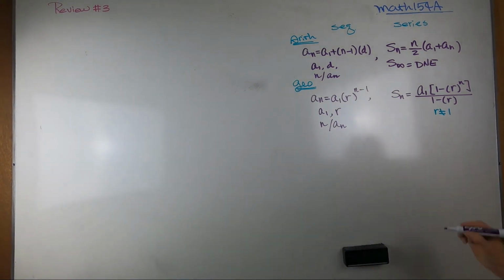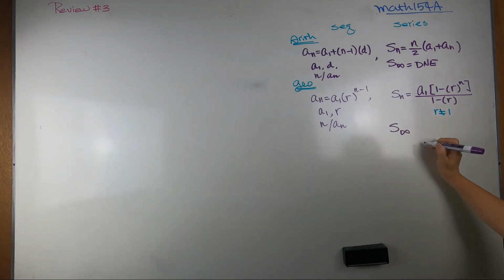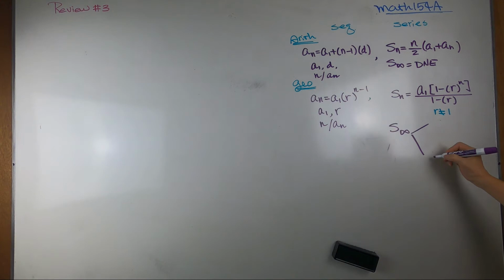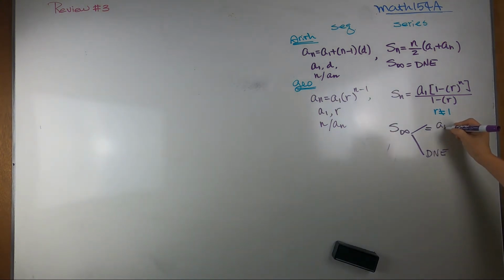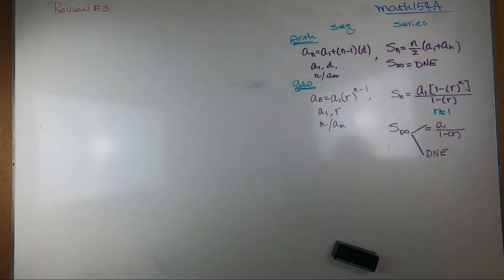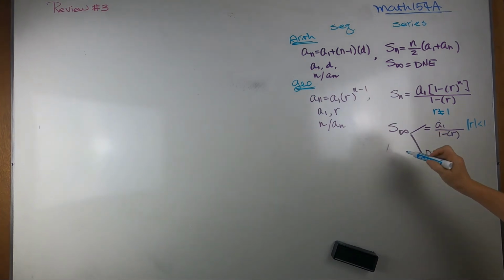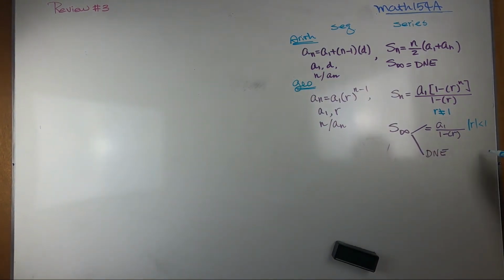Also, for the infinity, there are two kinds, right? One is it doesn't exist. Another one equals a_1 over (1 minus r). Different conditions, right? When the absolute value of r is less than 1, that means the sequence is going to get smaller and smaller, reaching 0, then we can find the series.